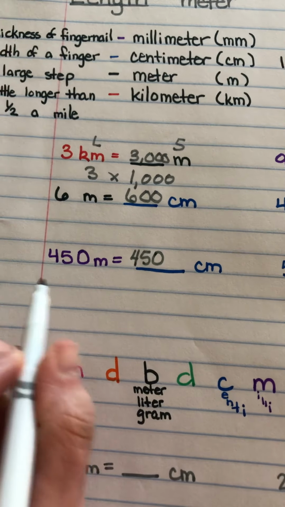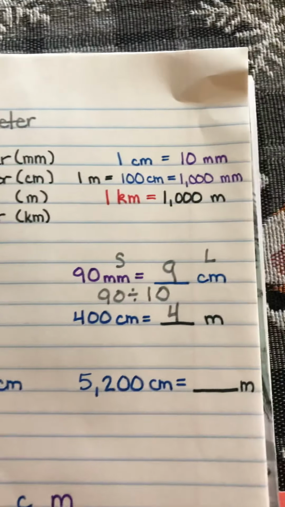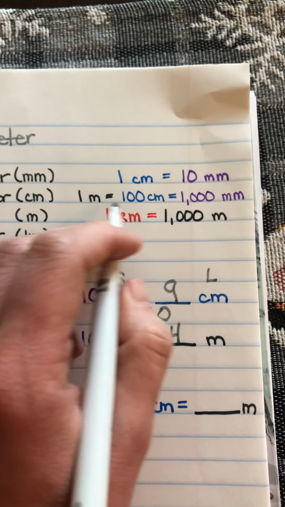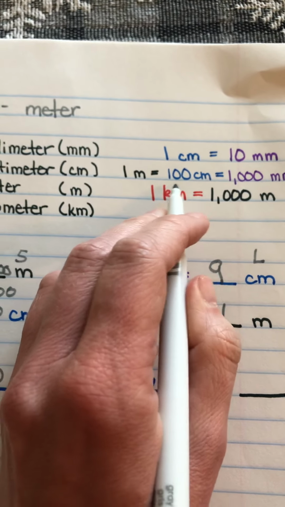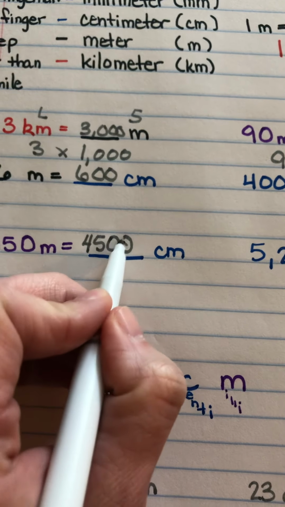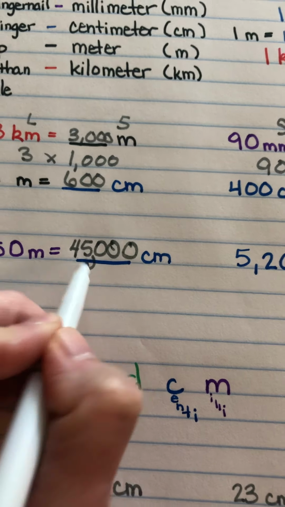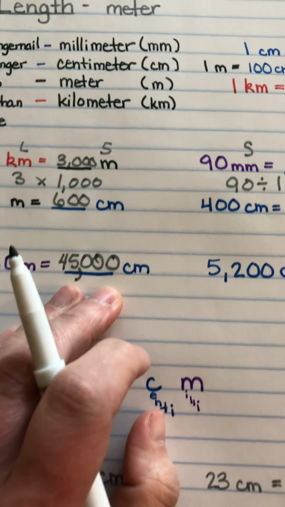I know I'm going to have all these digits. I'm multiplying 450 meter to centimeter. Come to my chart, meter, 100 centimeters. Then when I'm multiplying by 100, I add 2 zeros. So with the 450, I'm going to put 2 zeros on. And I see that 450 meters is the same as 45,000 centimeters.